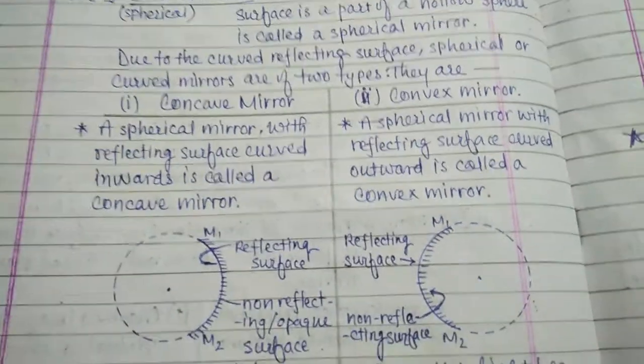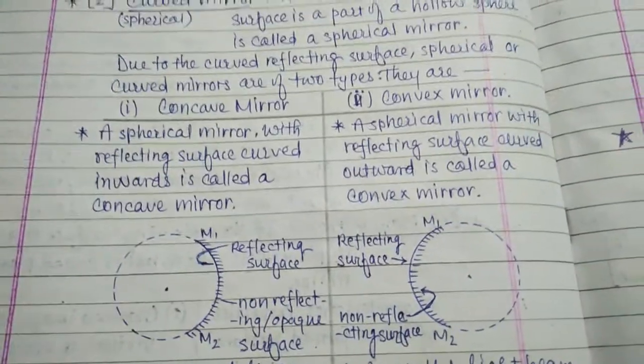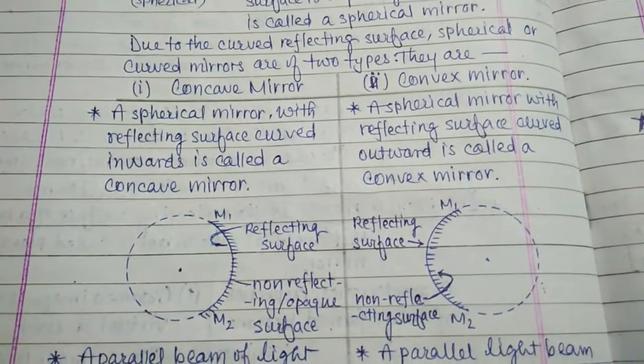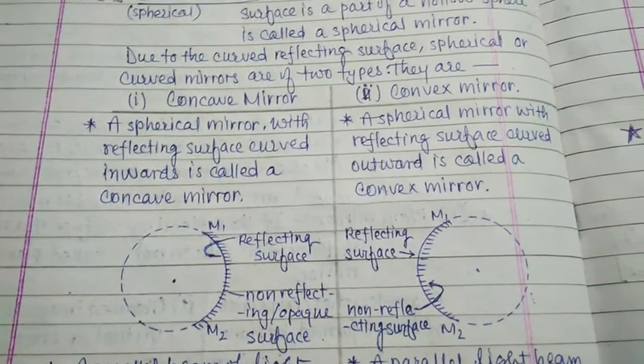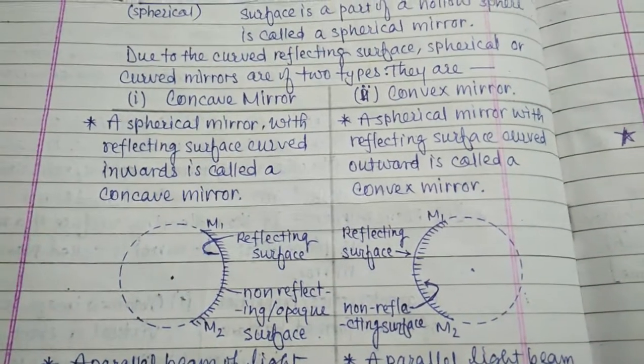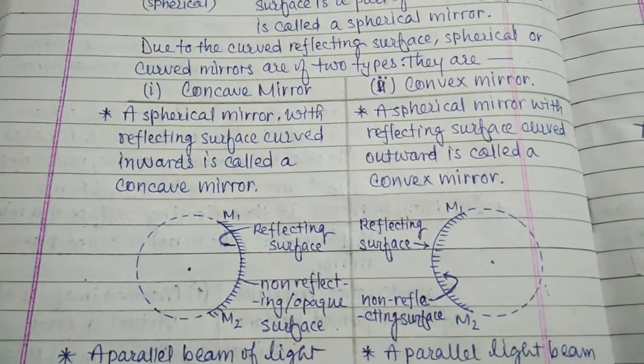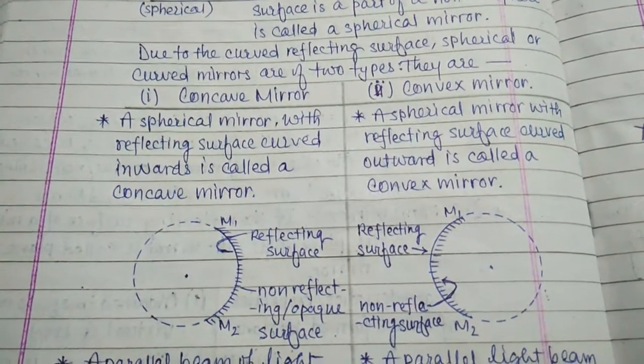They are concave mirror and convex mirror. A spherical mirror with the reflecting surface curved inward, which means the reflecting surface is inside, is called the concave mirror.